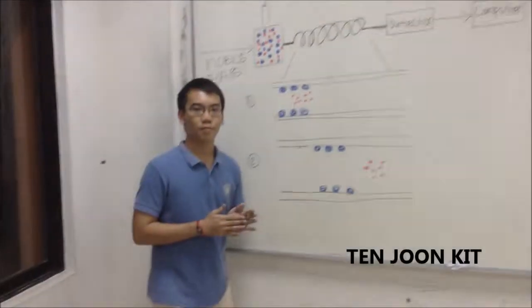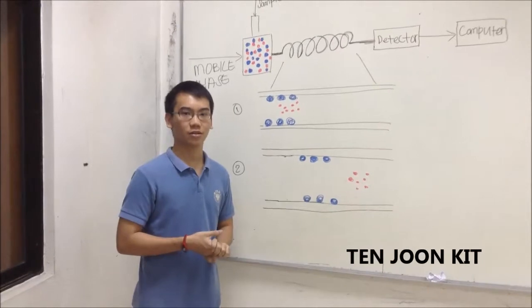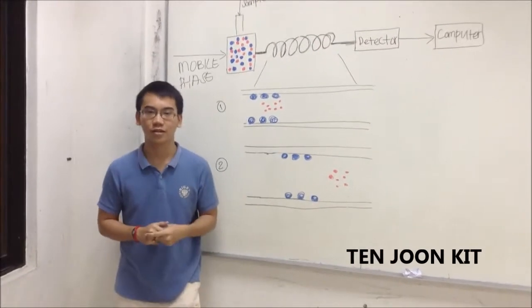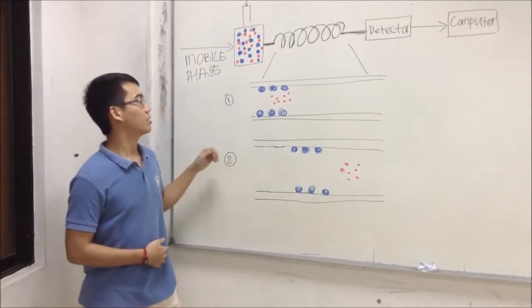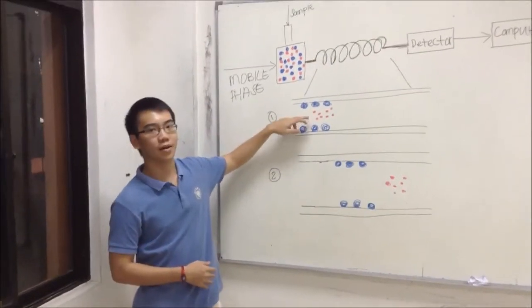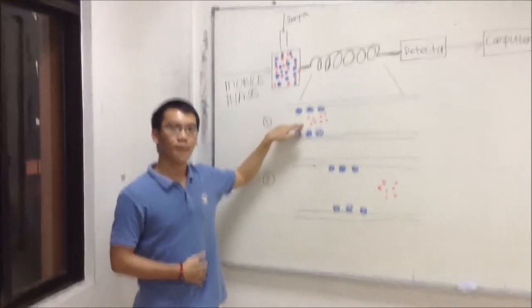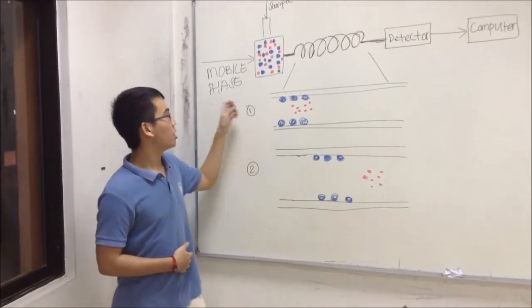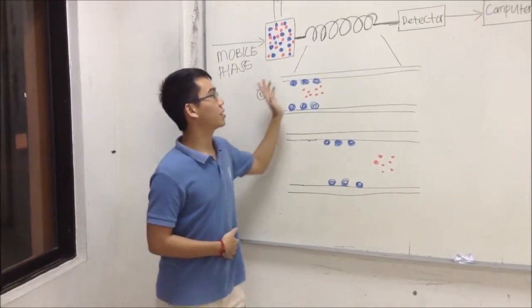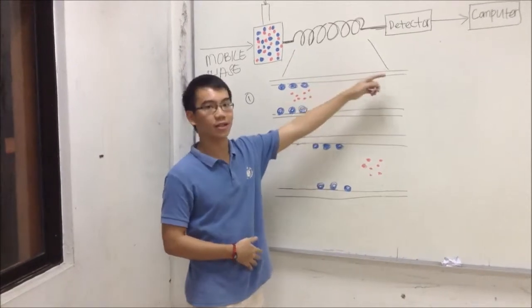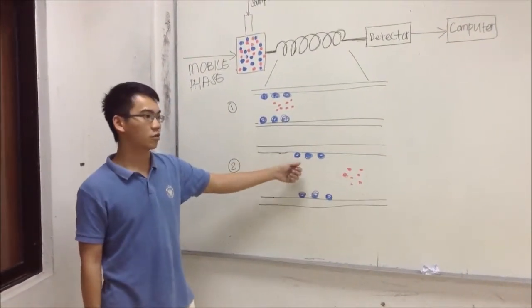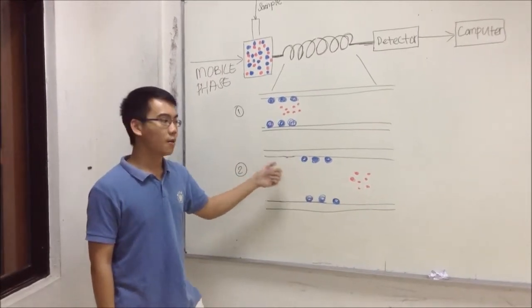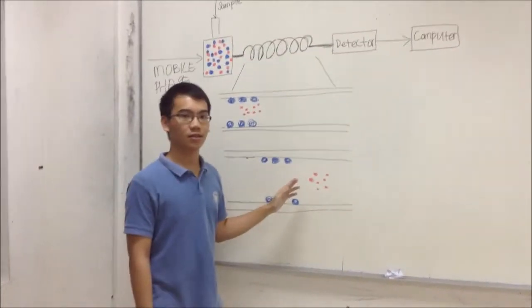What if we have two compounds that have the same boiling point? Will it work in gas chromatography? Well, the answer to that is yes. Let's see here. We are assuming we have two compounds. Compound A is much smaller than compound B. When the mobile phase moves towards the detector, compound A, which is relatively small compared to compound B, moves much more easily.